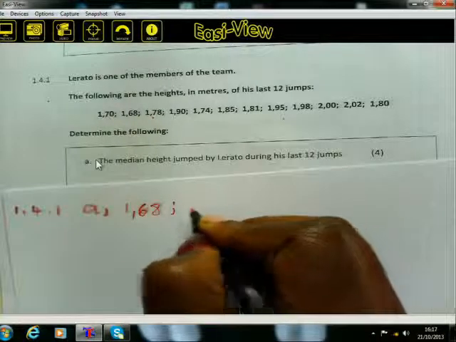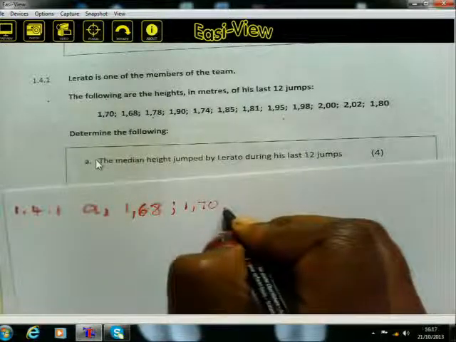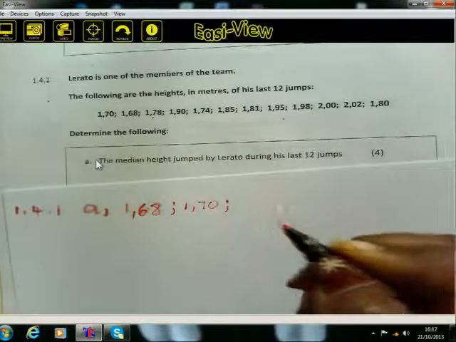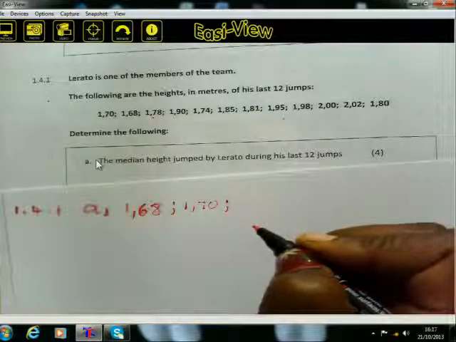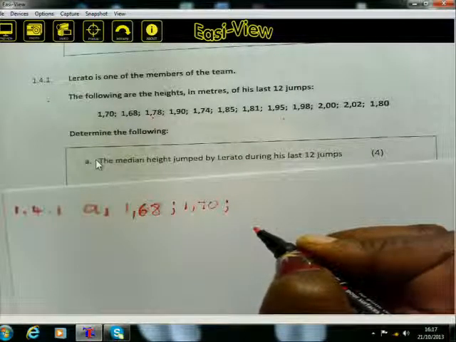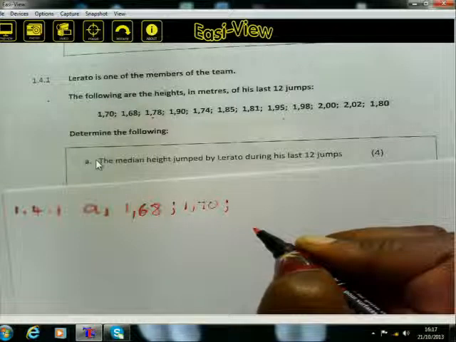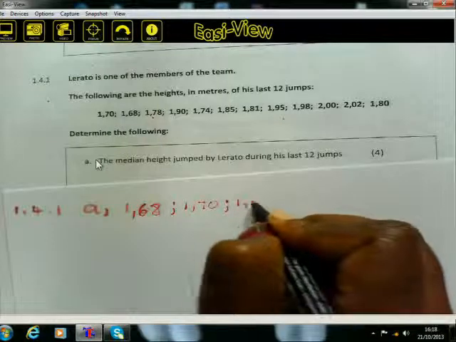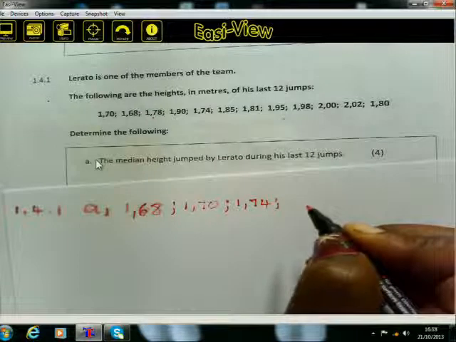Then it will be 1,70. Are we together? Then don't forget to write a semicolon as it separates the numbers. Thereafter, you are done with 1,70. Then there you can see 1,74. Let us write it down.